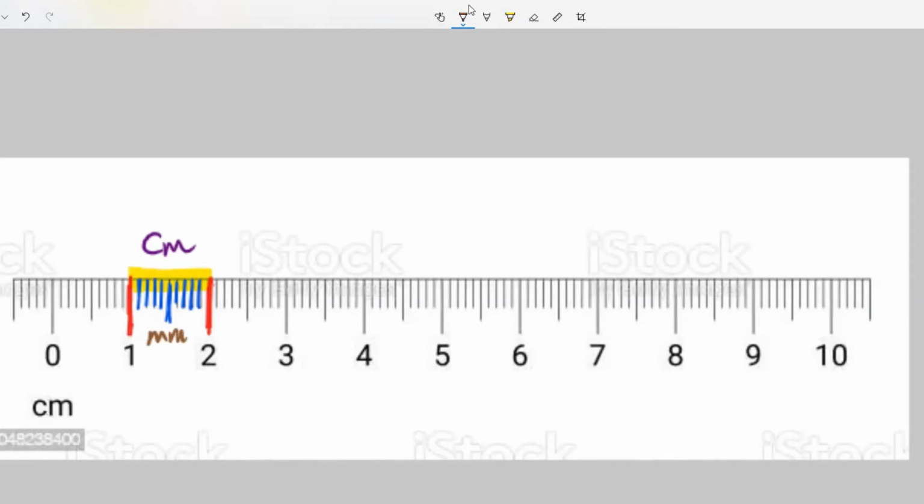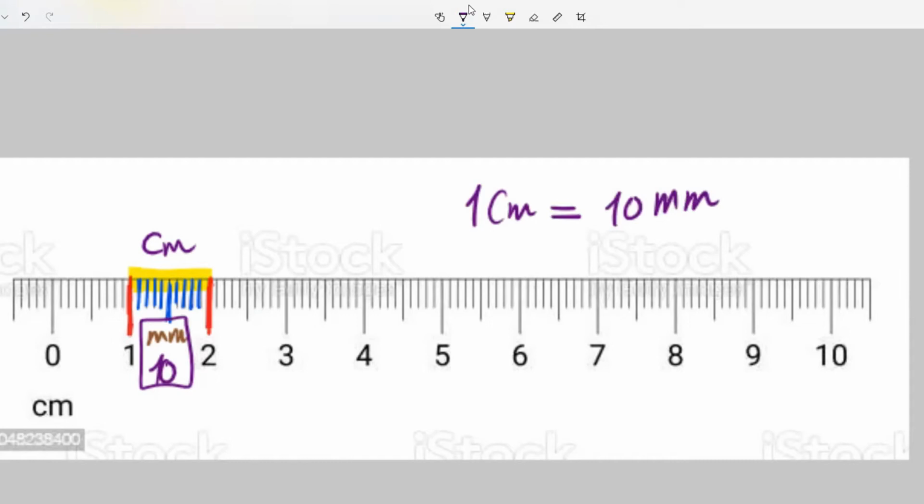The distance between the two small dashes is called a millimeter. If you count the dashes between each two numbers, you'll find them 10, right? You'll find 10 millimeters, so each 1 centimeter is equivalent to 10 millimeters, right?